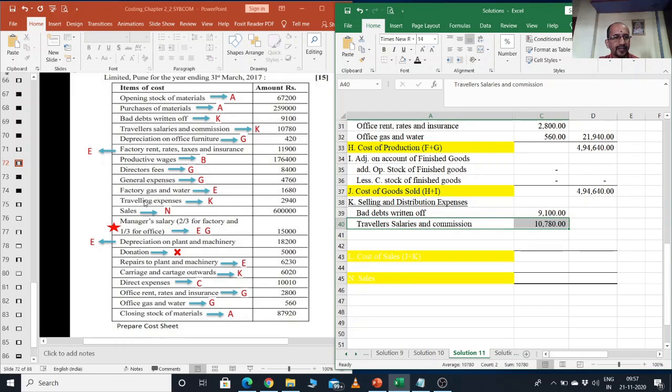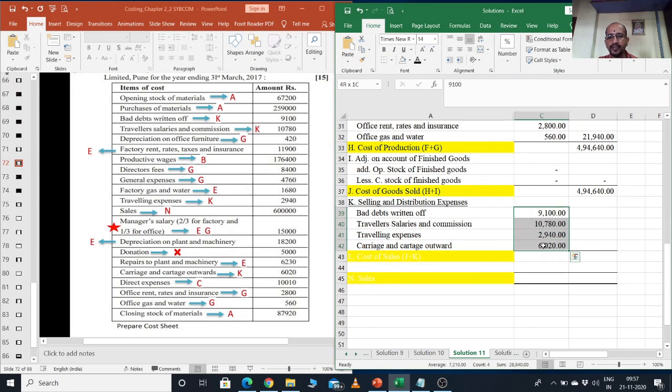Next item, traveling expenses, 2,940. And next is carriage and cartage outward, 620. Now do the total of these figures. It is 23,840.